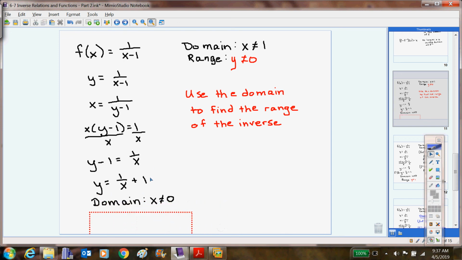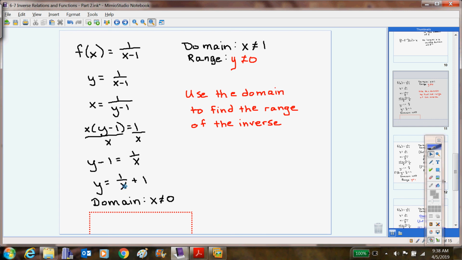So this would be f inverse of x if we changed our notation. F inverse of x is 1 over x plus 1. Our domain is x does not equal 0 here, because why can't x equal 0? What if I made this into a 0? I have a problem because it's in the denominator, right?